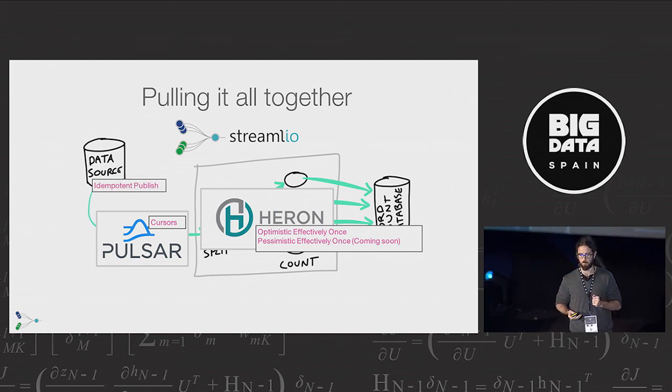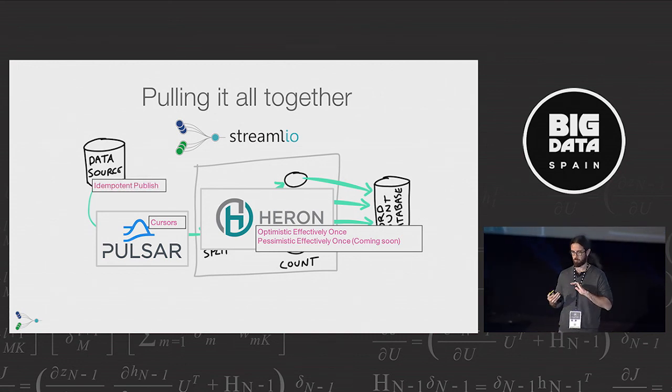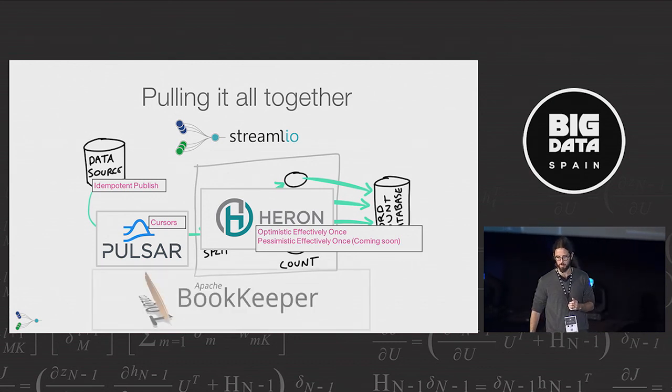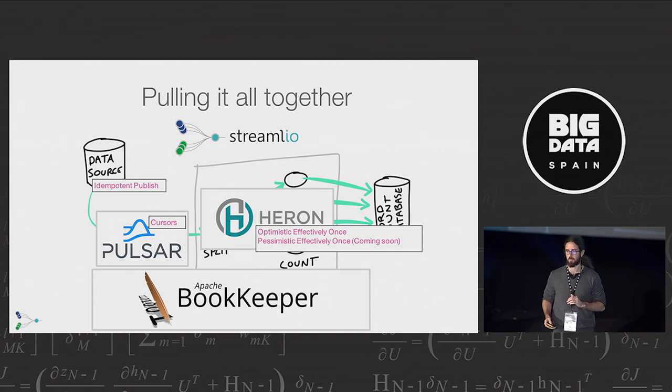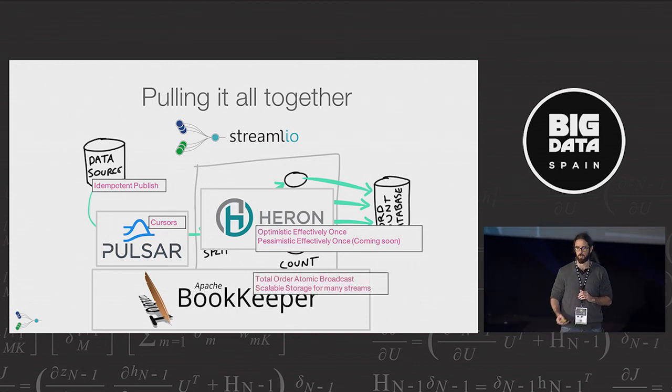It provides idempotent publish, so data coming from the data source is never lost or duplicated. And all this is built on top of Apache Bookkeeper, which provides a total order atomic broadcast primitive, and it scales to many managed storage streams, so it will scale as your application scales.